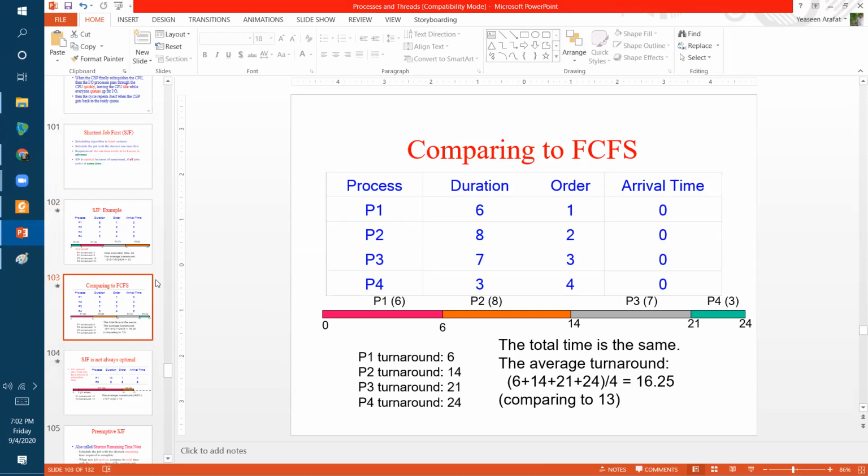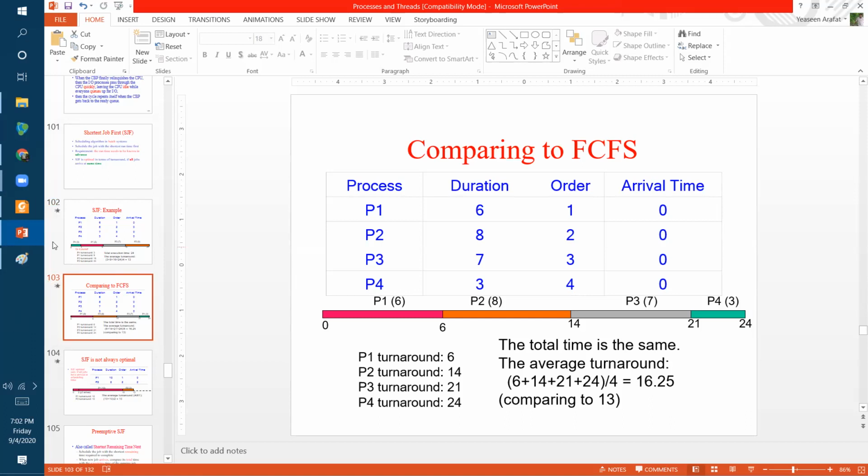Okay, so we will find the difference between the performance metrics of each algorithm. We know that performance metrics are turnaround time, like average time, whatever it is.